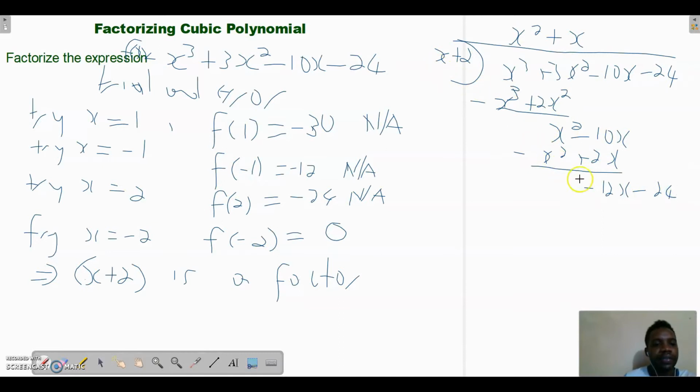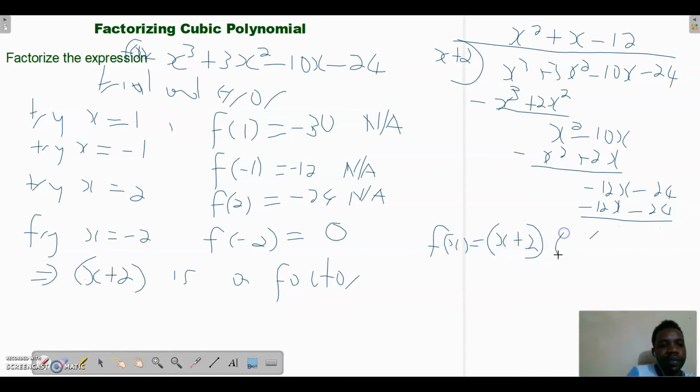Now we say x into minus 12x would be minus 12, and minus 12 times my divisor would be minus 12x minus 24. Once again, here's an indicator that I did it correctly because my remainder is 0. So f of x is equal to x plus 2 multiplied by my quadratic factor, which is x squared plus x minus 12.